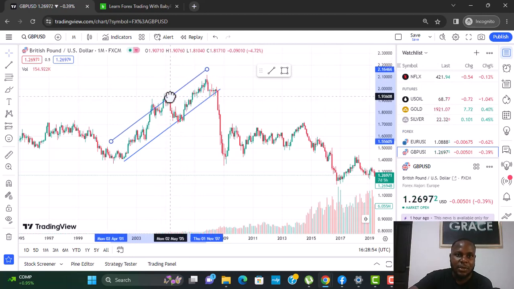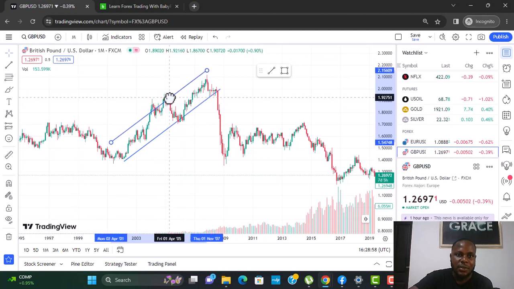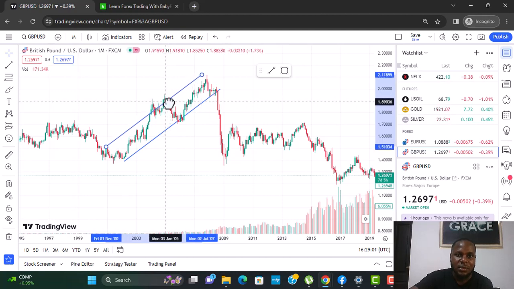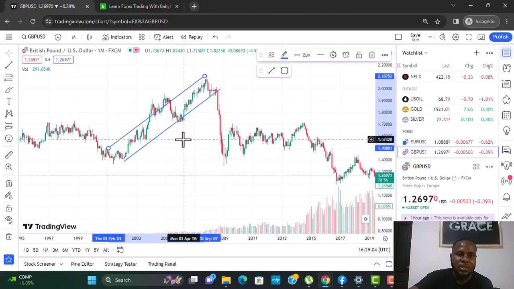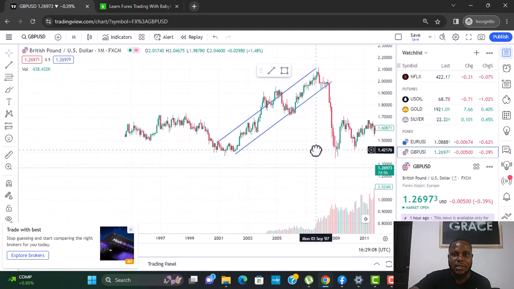Guys, this is the most important lesson you should take in forex. Once you can know this, you understand. So this is a rough uptrend. It's not perfect, but this is an uptrend.